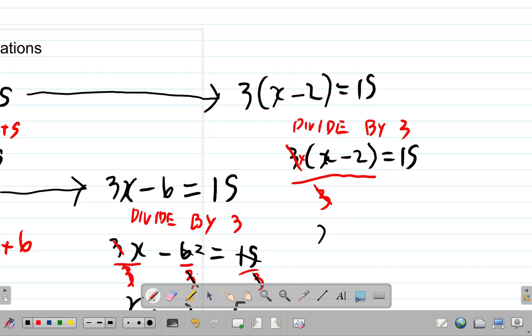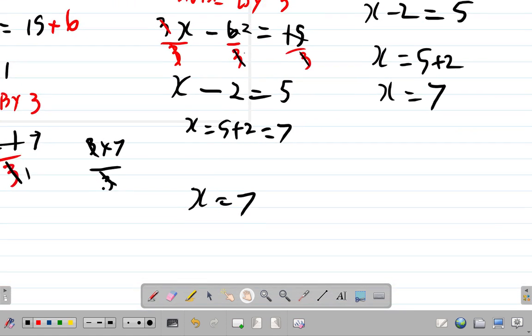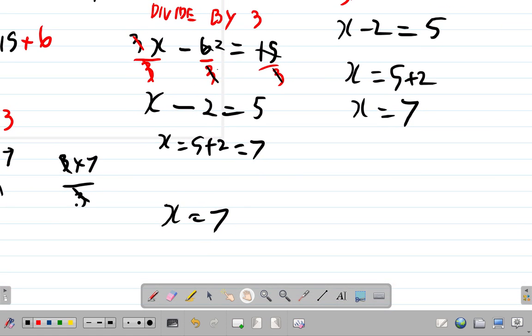So what you have is x minus 2 equals, and then the 15 is divided by 3. 3 into 15, 5. There are 5 3's in 15. So what you have here now is add 2 to both sides. So you have x is equal to 5 plus 2. So x is equal to 7. So you get 7 again. Alright? So whichever way you take it, the answer is 7. X is equal to 7.